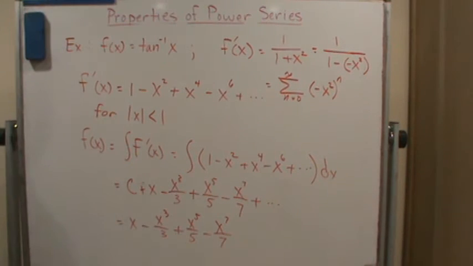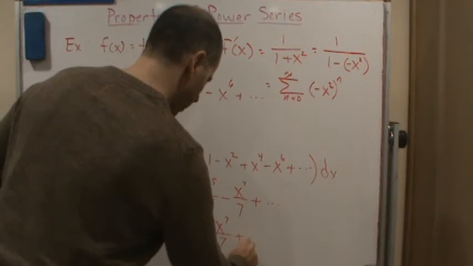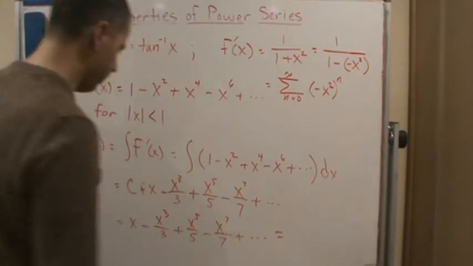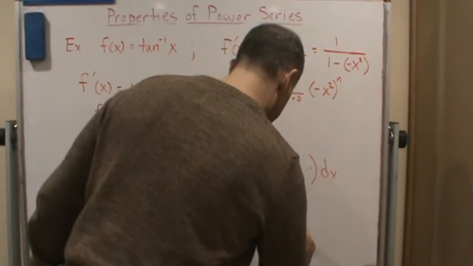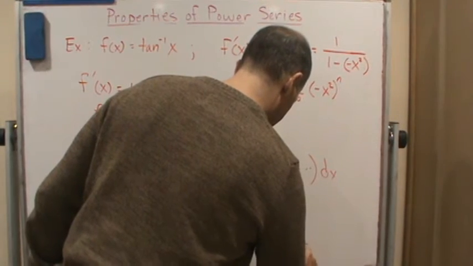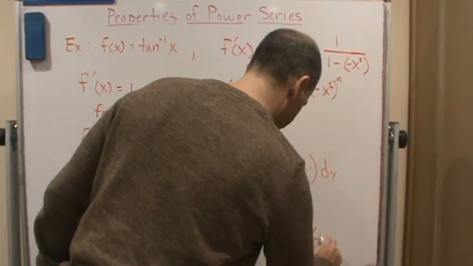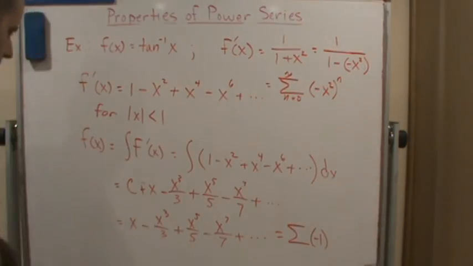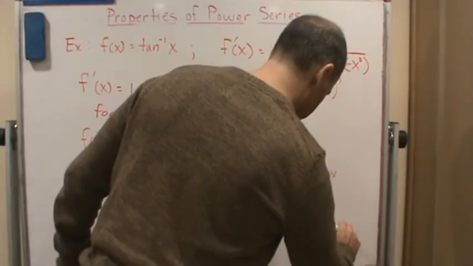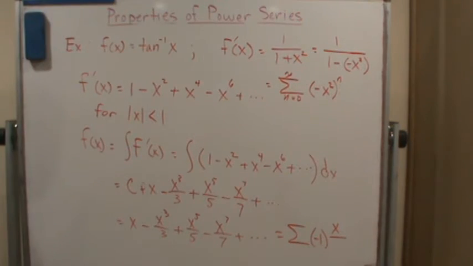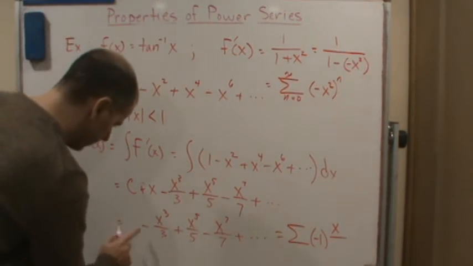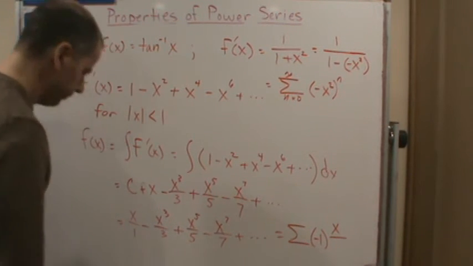And so now, what's going on here? Well, this is going to equal the summation of -1 to the n, and we've got x over, in this case, let me write this as x over 1.